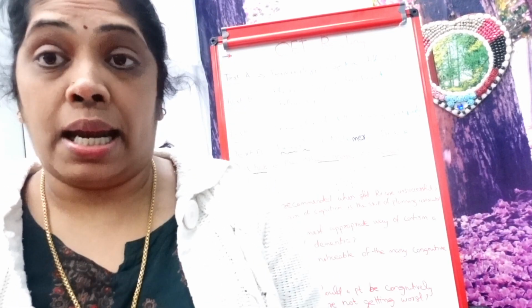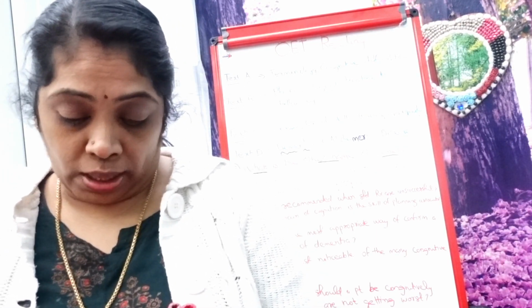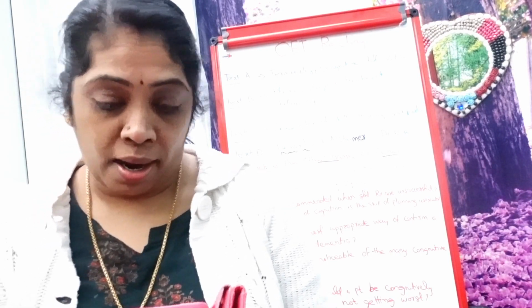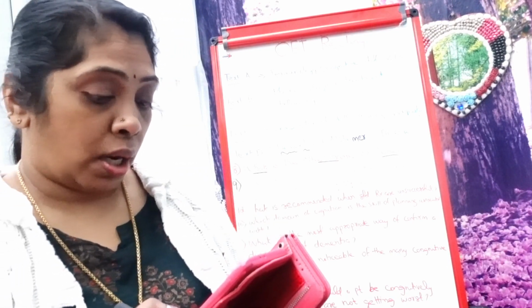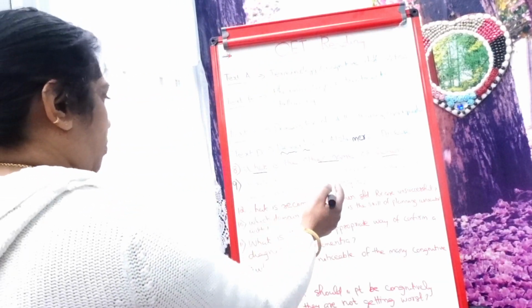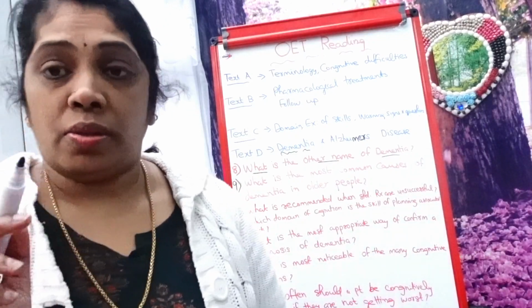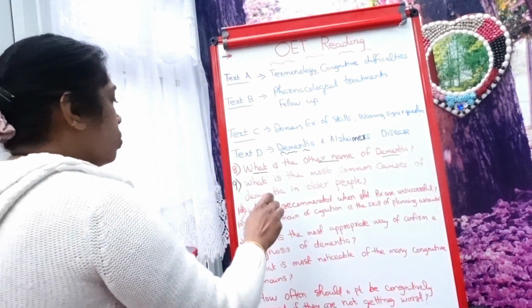So in text D, the first sentence is explaining the other name of dementia. What is the other name of dementia? Major neurocognitive disorder. I don't have space for writing that, so I'm not writing it. Then just go to the next question.